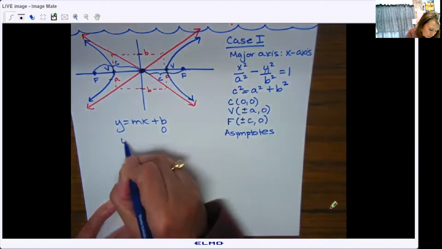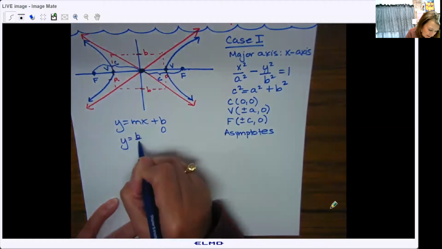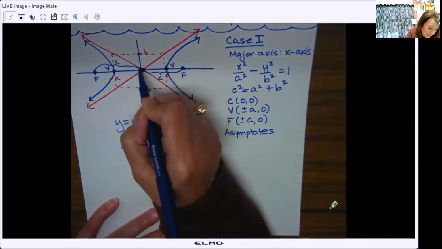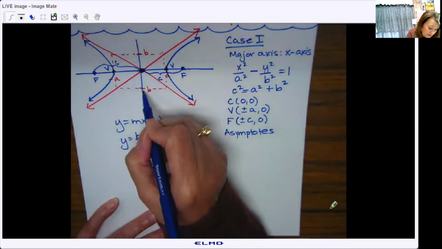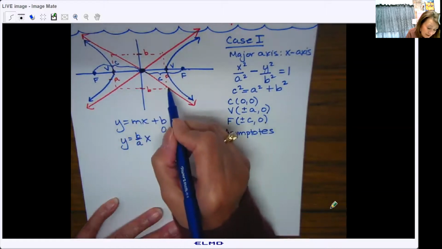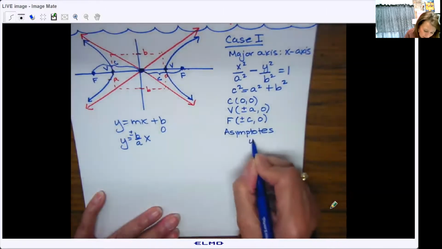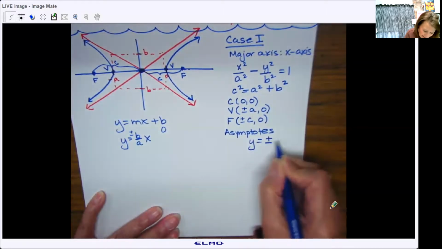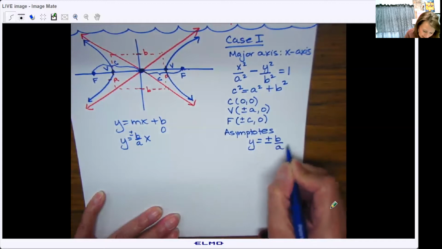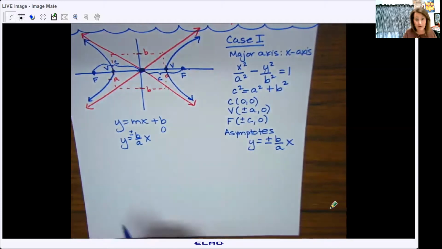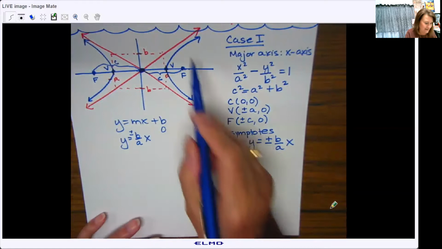So rise b, run a, and that's this one. But this one, you fall b, go down b and over a for this equation. So if you want to get both of them, it's positive and negative. So y equals positive and negative b divided by a, times x. And that will get both equations of those two lines.